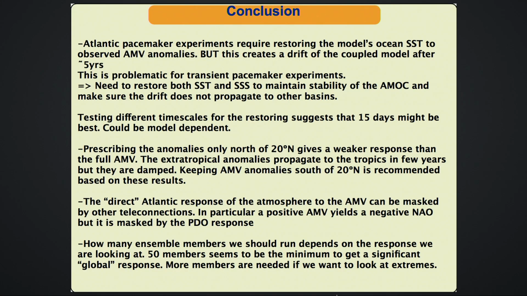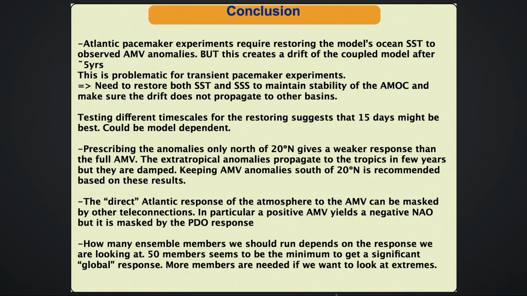We also need tropical anomalies to get the full response of the AMV and the teleconnections that are associated. Going only north of 20 north, I think we miss a lot of teleconnections that are important, keeping in mind that by having a coupled framework, we can mask some of the direct response to the AMV. So there are teleconnections, and this is what we actually want to see also.